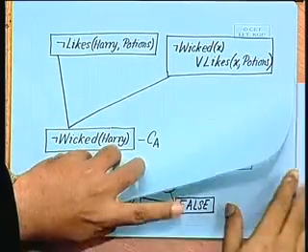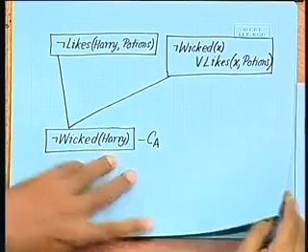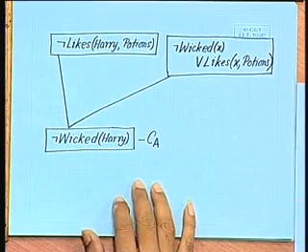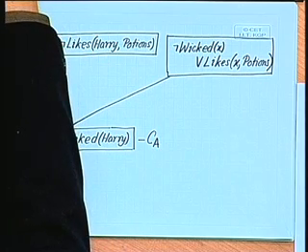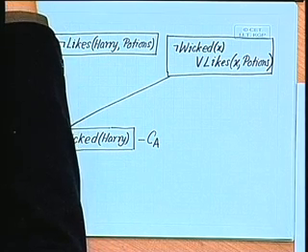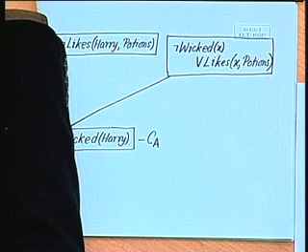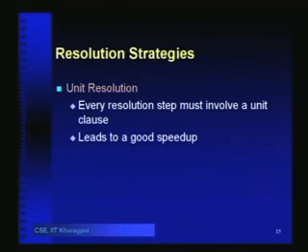And as it turns out, when unit resolution was originally proposed, it gave a dramatic speed up in the proof mechanism. So, it usually leads to a good speed up, but at the same time it is incomplete in general. What do we mean by incomplete?